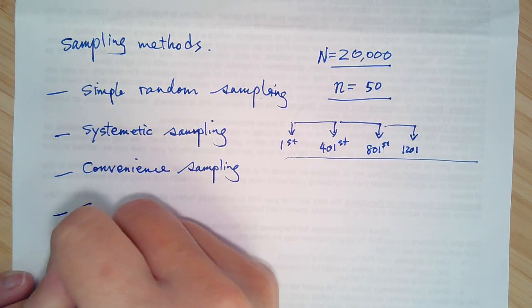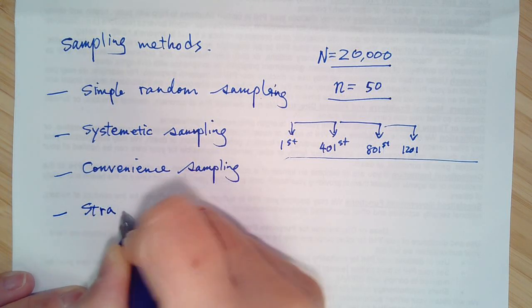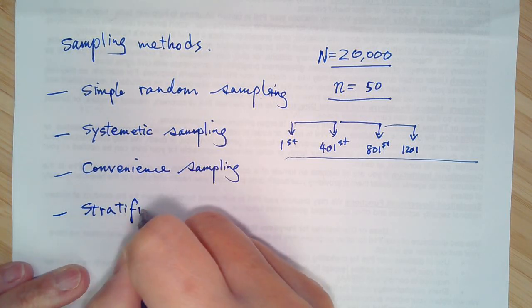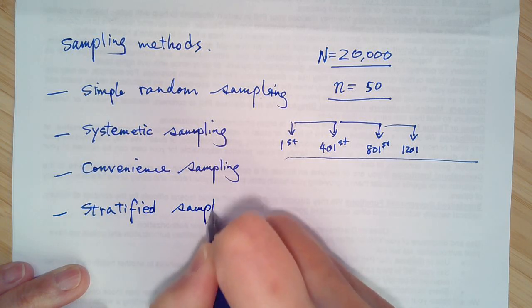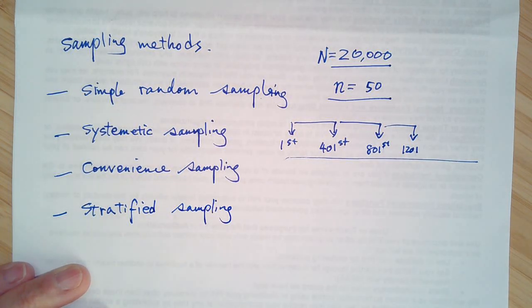Okay. The next one, stratified sampling. What does it mean? That means you're going to subdivide the population into different groups.